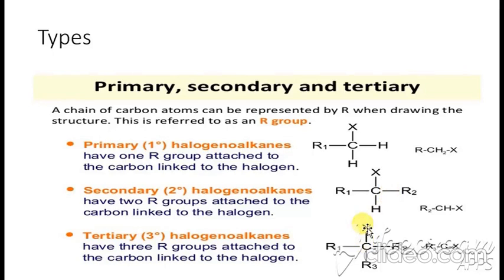If the carbon attached to the halogen is further attached to R1, R2, R3, three alkyl groups, it is called a tertiary alkyl halide. So the carbon attached with the functional group, further attached to one carbon, two carbons, three carbons, their name changes. That is called primary, secondary and tertiary.